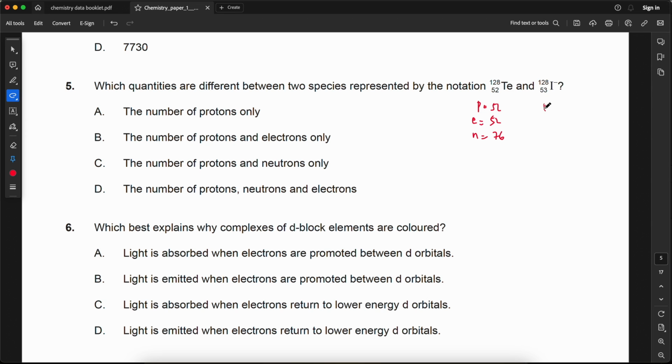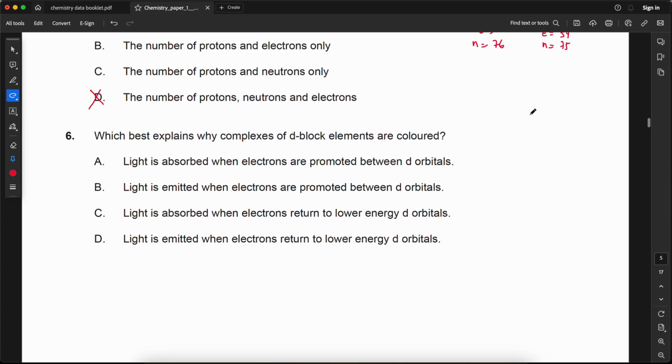And for this one, proton is 53, and then electron will be 53 plus 1 because it's an ion, so 54, and neutron is 128 minus 53, that would be 75. So they have different numbers of protons, neutrons, and electrons.